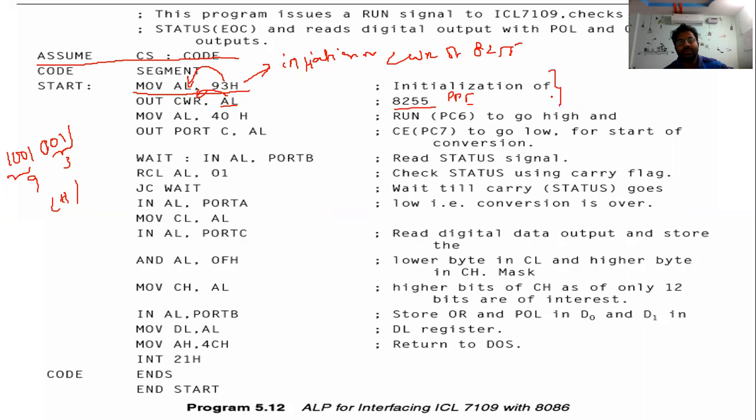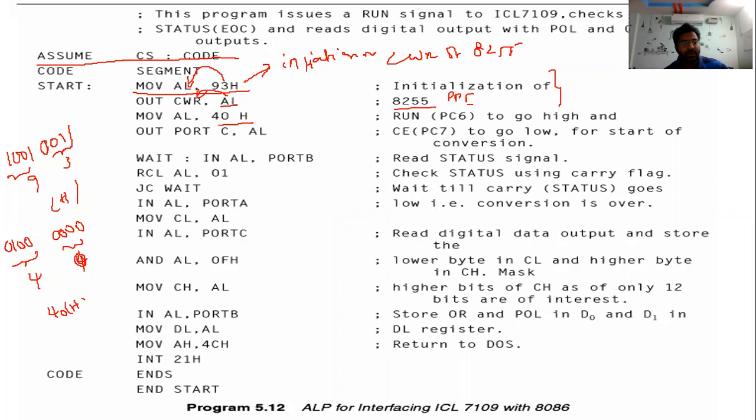Now in these two steps, the 8255 PPI works in input mode. Then again MOV AL, 40H. What is this 40H? Why are you additionally considering this 40H? 0100 0000 is 40H.